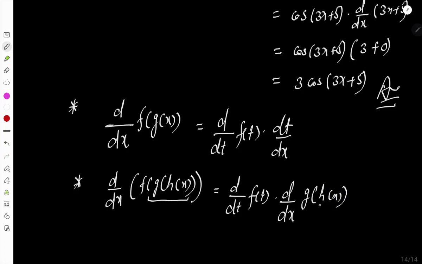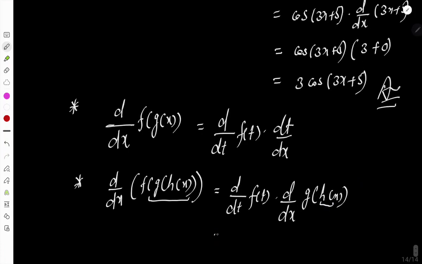Again, you can assume t1 to be h of x. Next you will write d by dt of f of t into d by dt1 of g of t1 into dt1 divided by dx, and the t1 value will be put here. I hope this is clear to you all.